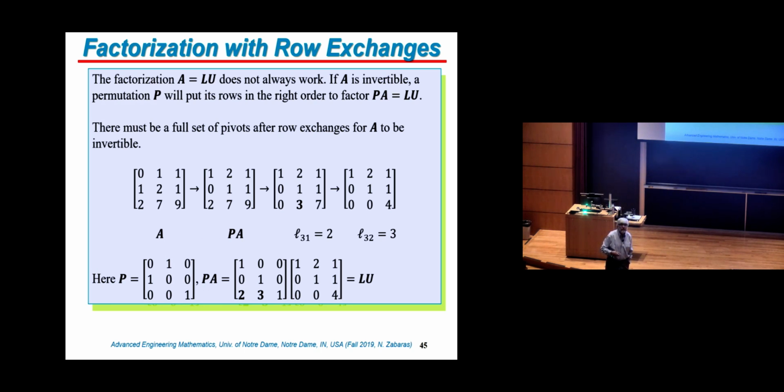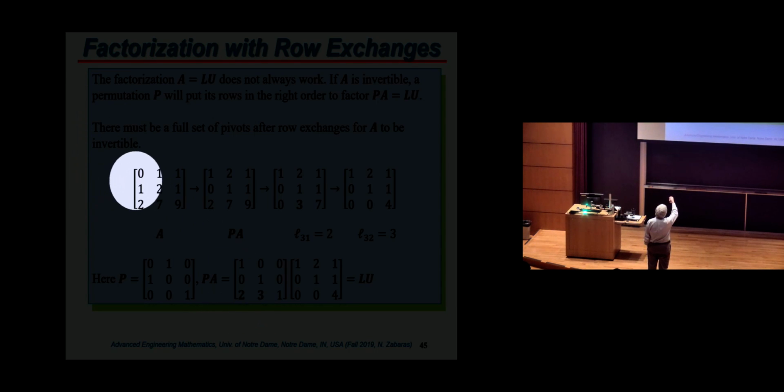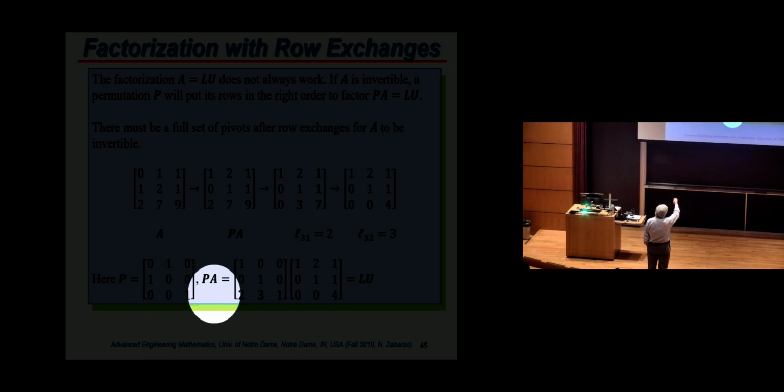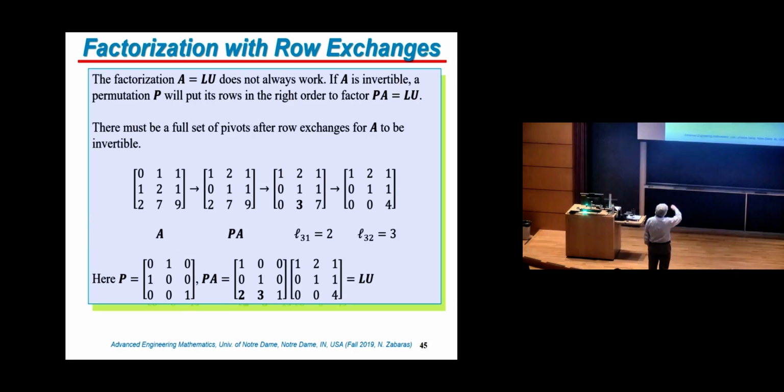How did you call this matrix from lecture 4 that allows you to exchange rows? The permutation matrix. All right? So the idea is exactly the same. If, let's say, this is my matrix A and that element is 0, I'm going to exchange row 1 and row 2 using this permutation matrix, and then I'm going to do an LU factorization on the matrix P times A. So when you have these exchanges, you use P times A equal to LU.